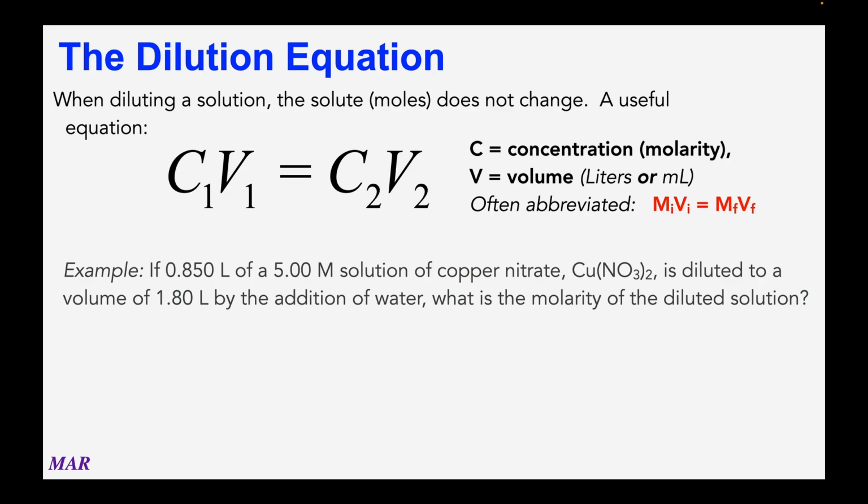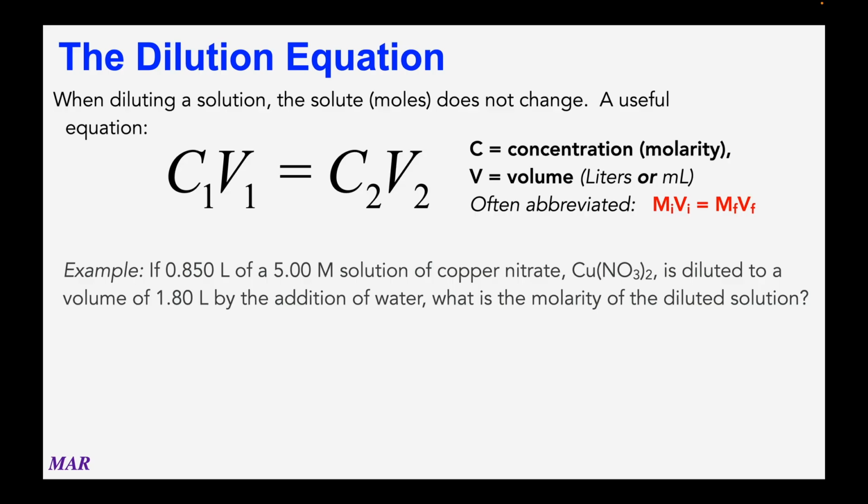So let's look at an example. Let's say we had 0.850 liters of a 5.00 molar copper 2 nitrate solution, and we're going to place that in a 1.80 liters through the addition of water. So the question is, what is our new molarity? All right. Now notice in this problem, we started with 0.850 liters and we ended with 1.80 liters.